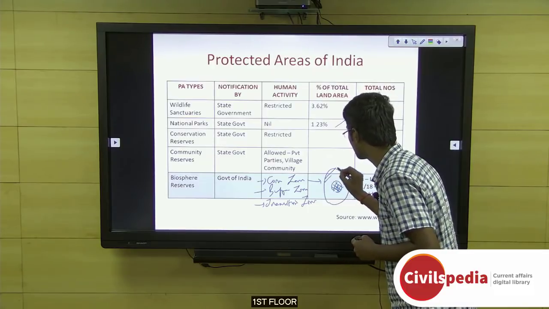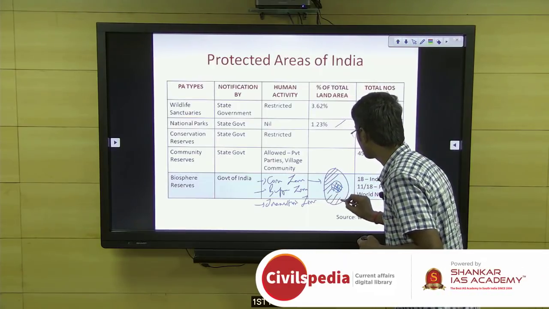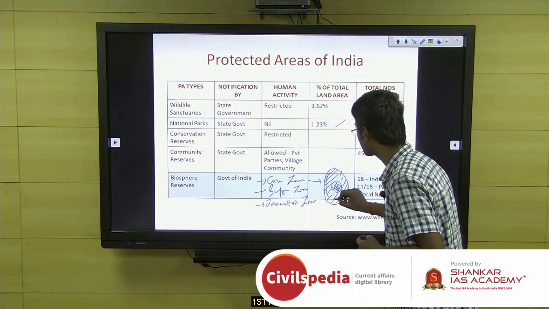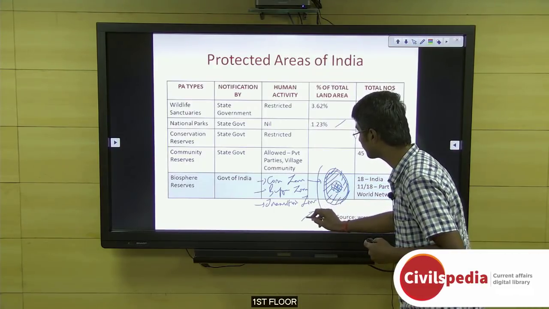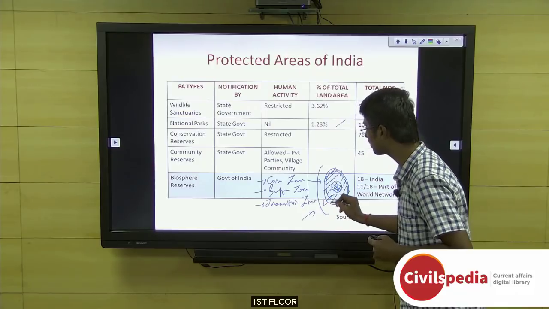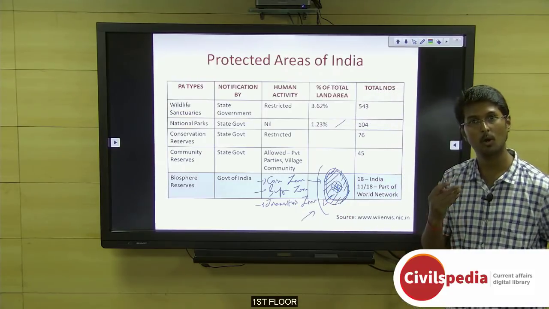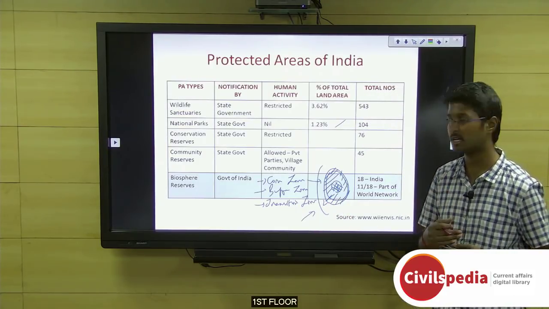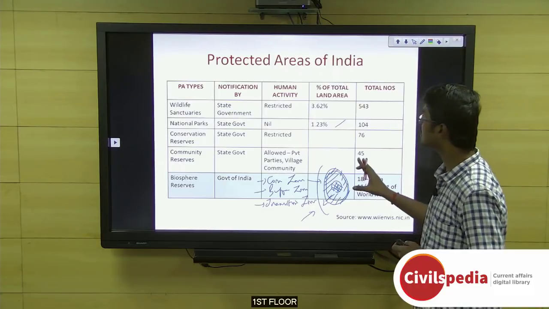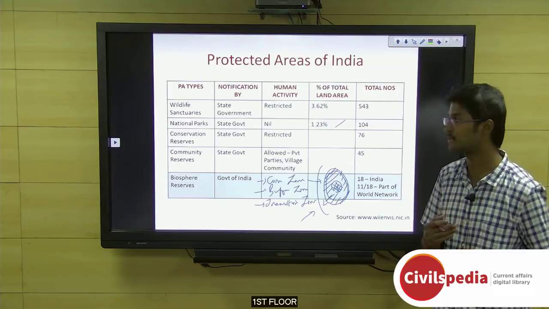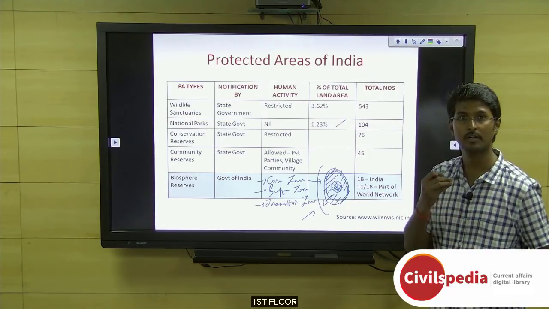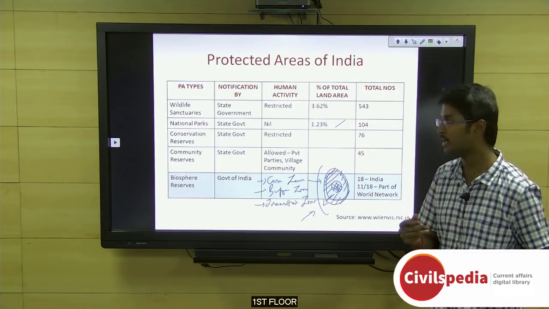In the buffer area, to some extent human activity is allowed in the fringes, and the transition zone is the area between the human settlements and this particular biosphere reserve, which can be 1 or more wildlife sanctuaries or national parks together. So this is all about the classification of the different protected areas, and all you need to know with regard to human activity and who notifies them.